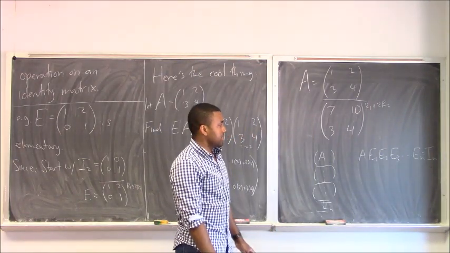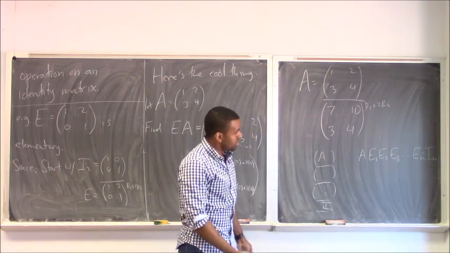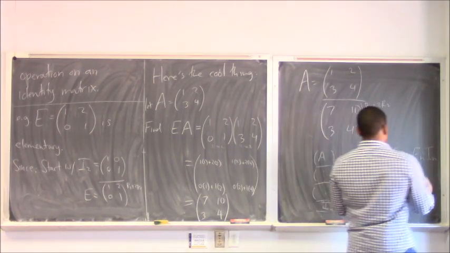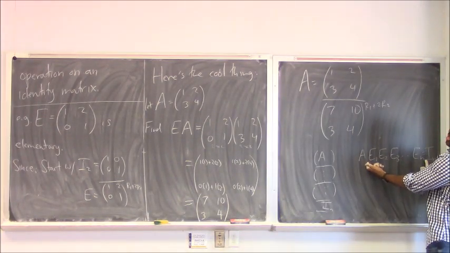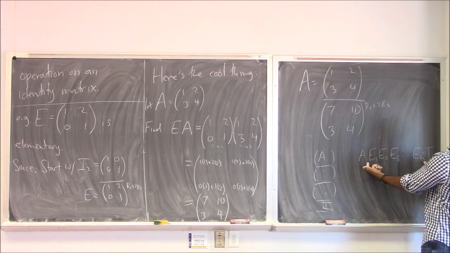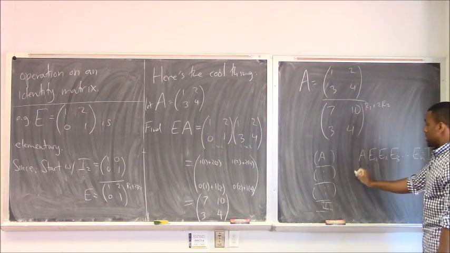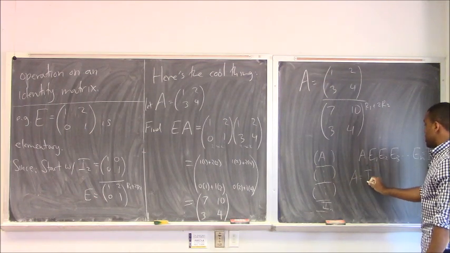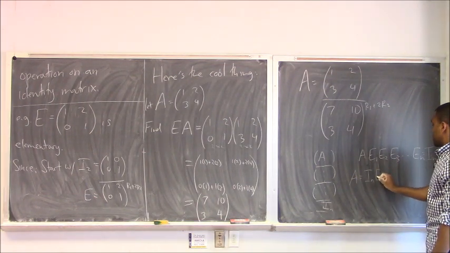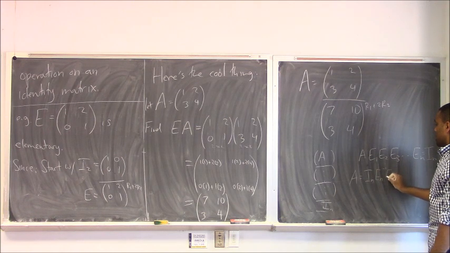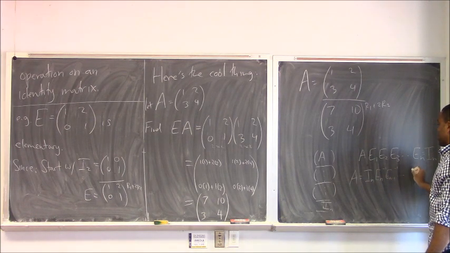Which means, in the event that these guys are invertible, which they are, which we'll prove next time, I can multiply on the right by all the inverses. And so I'll be able to say that A is just going to be En inverse times En minus 1 inverse all the way back to E1 inverse.